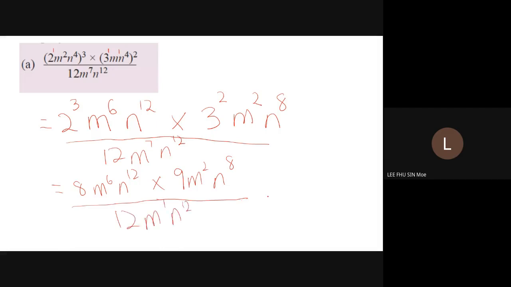Okay, next. After you do this one, then you can simplify the number. This one 8, 9, and 12. From the expression here, we know that 8 times 9, and then divide by 12. This one you do first. And then m and n, we do separately. We do m first.